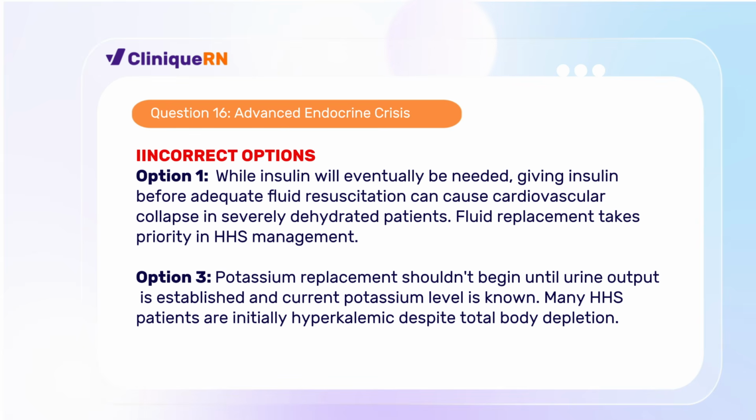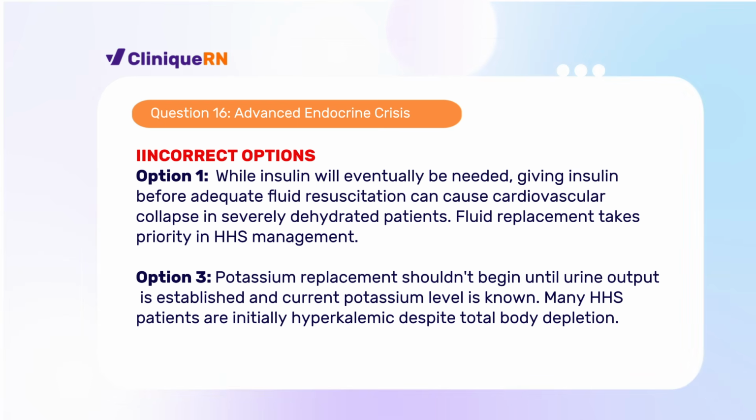Why other options are incorrect. Option 1. While insulin will eventually be needed, giving insulin before adequate fluid resuscitation can cause cardiovascular collapse in severely dehydrated patients. Fluid replacement takes priority in HHS management. Option 3.